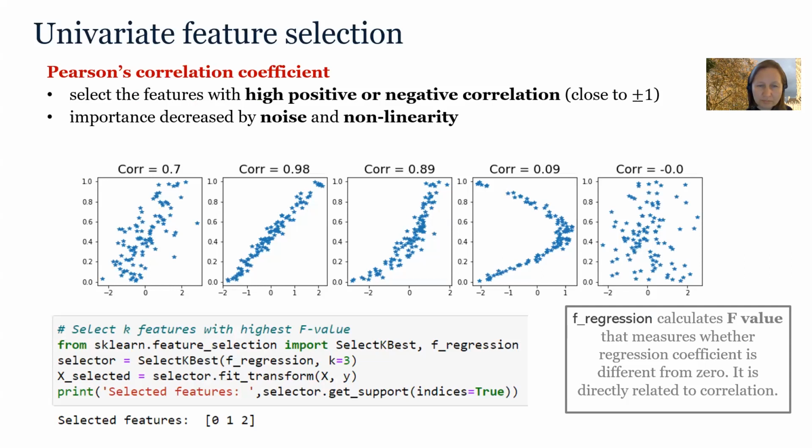So how can we select features in scikit-learn based on the correlation coefficient? Scikit-learn doesn't directly calculate the correlation coefficient, but it has a scoring function f_regression that calculates the F value.